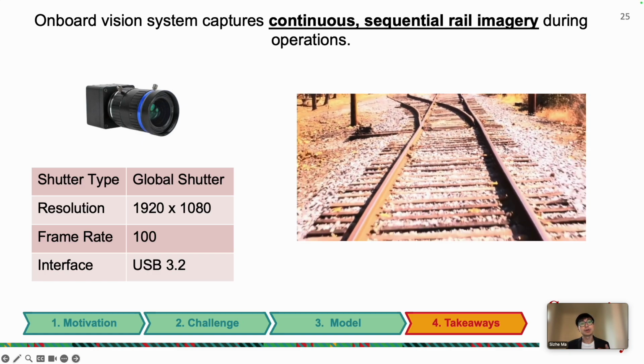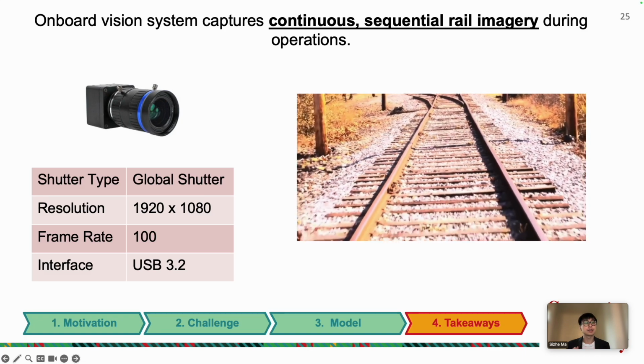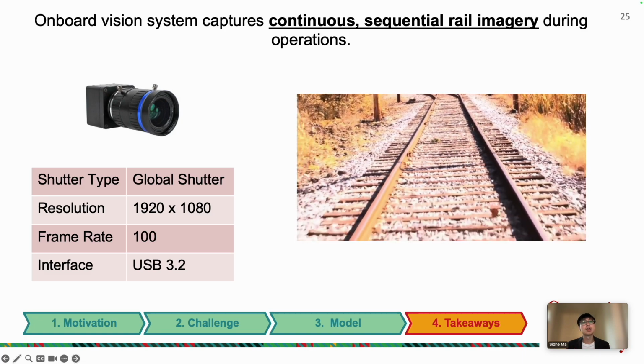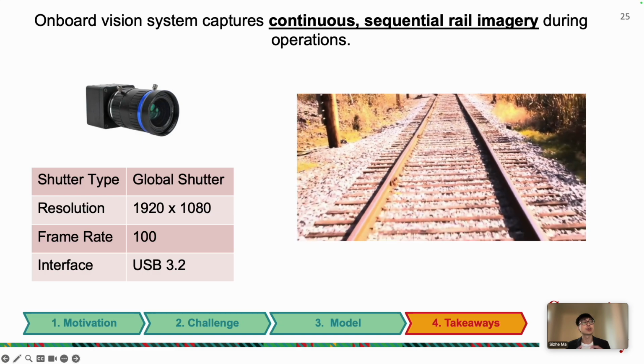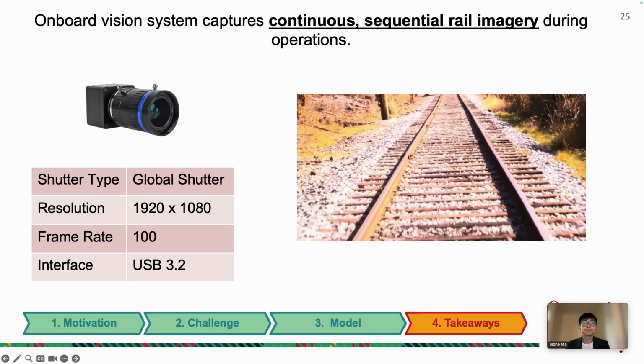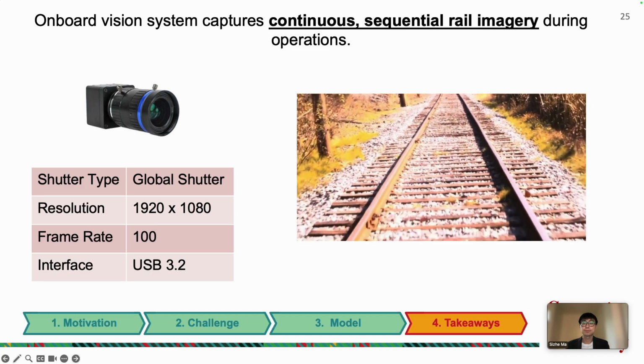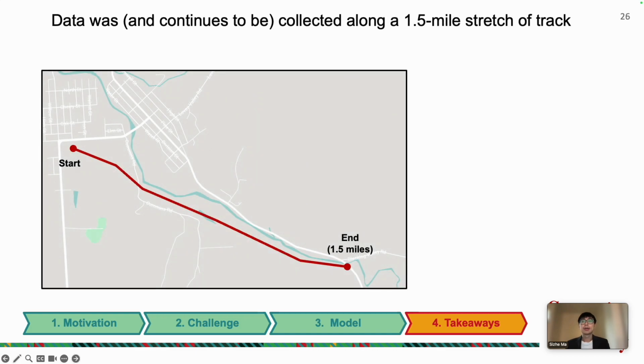The camera records continuous sequential images of rails during train operation. This visual data is collected along a 1.5-mile track stretch, and we are able to collect multiple train runs so that we have a diverse data set covering various conditions and features.